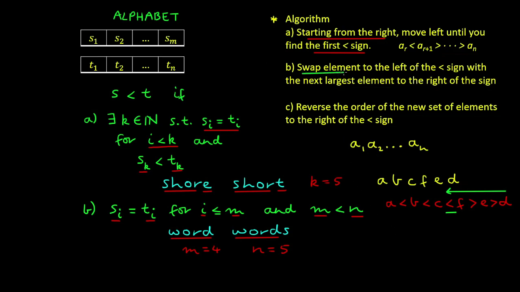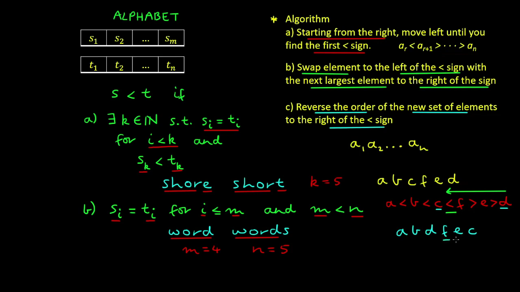And now we swap the element to the left of the less than sign with the next largest element to the right of the sign. So effectively here, we're swapping C, which is to the left of this sign, with the next largest element after this sign, which is D. So we end up with A, B, D, F, E, C. And then we reverse the order of the new set of elements to the right of the less than sign.